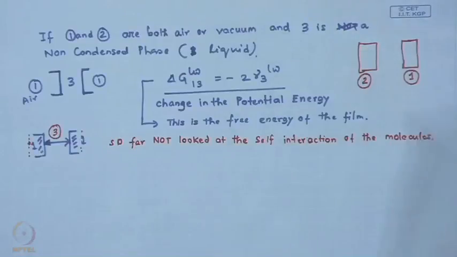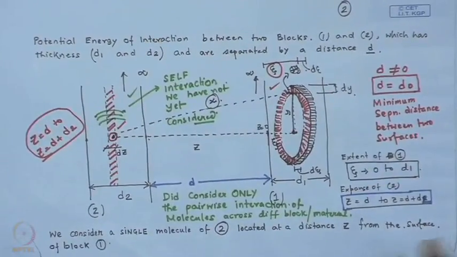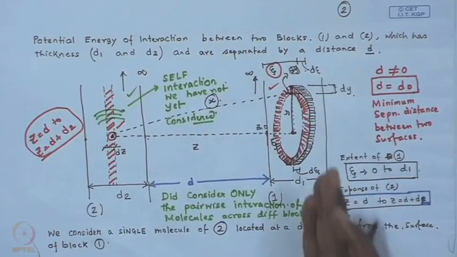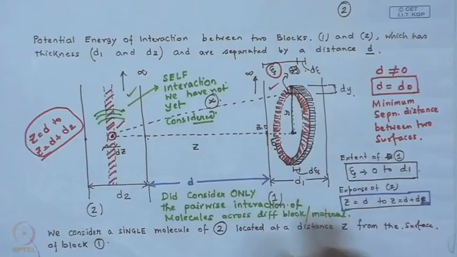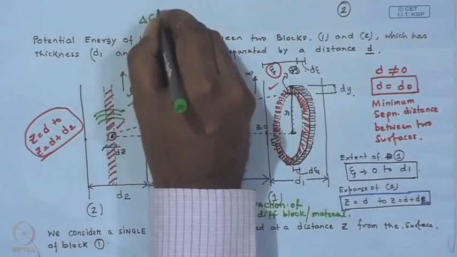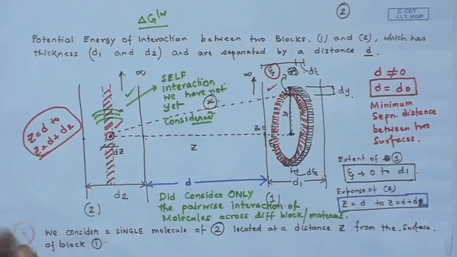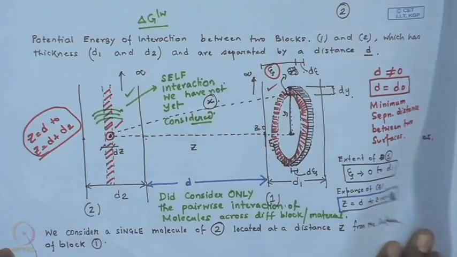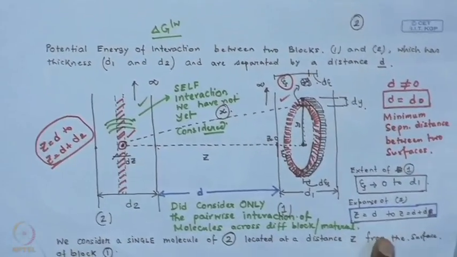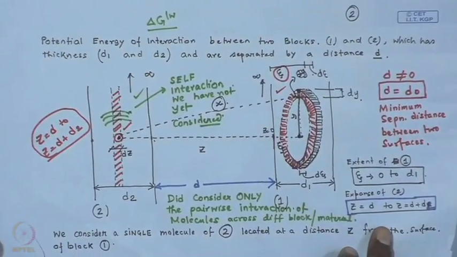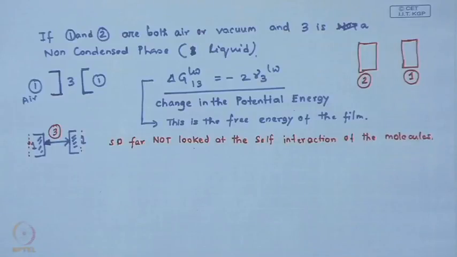Okay. So, the only thing we have considered is that there will be an excess potential energy generated, that is delta G LW, since we have considered the van der Waals component of interaction only if the two blocks are at infinite distance and they are brought to some finite distance h. So, that we understand now, but so far we have not considered the self energy, the self interaction energy, which we are going to do now.